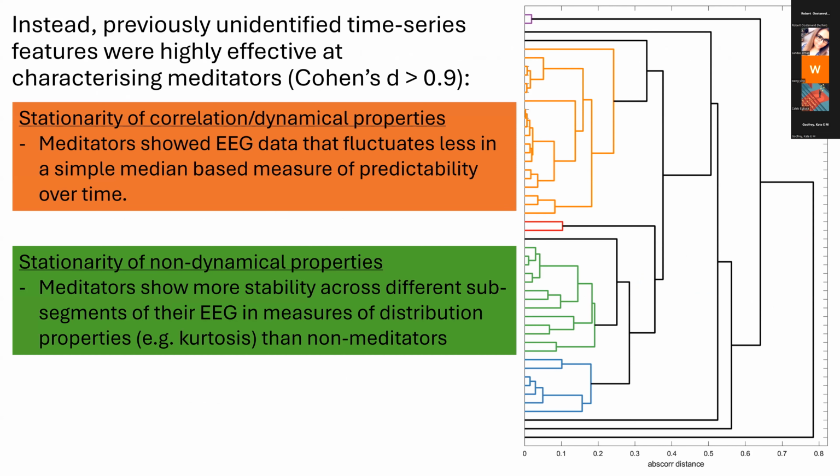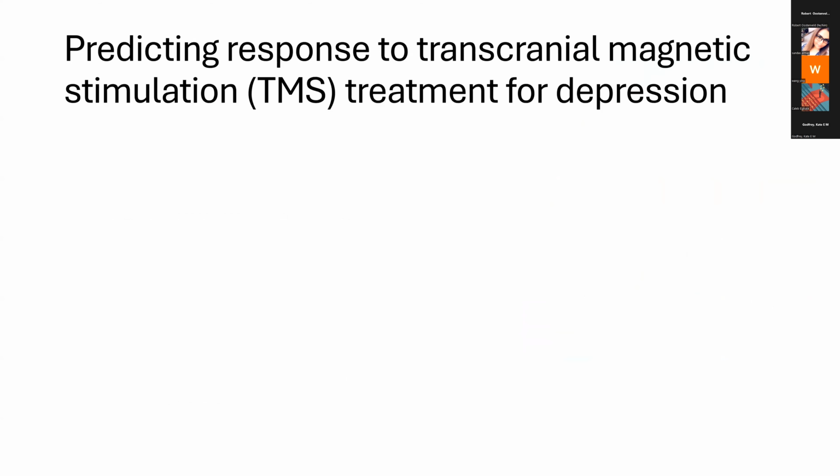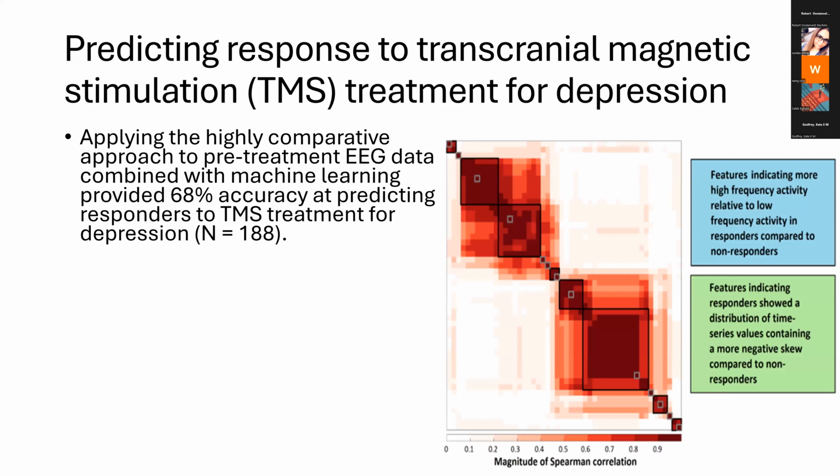But the stationarity of the signal did show up across a lot of different features. So it seemed like meditators showed more stable neural activity across different time windows of their data. So what I'm starting to argue for now is that there are definitely time series measures that we haven't considered yet that will likely provide a better ability to detect meaningful effects.